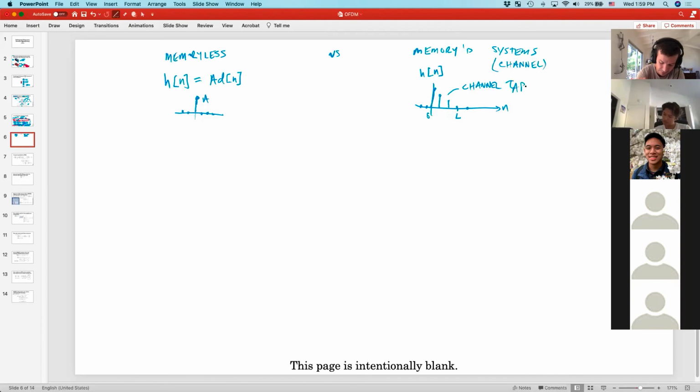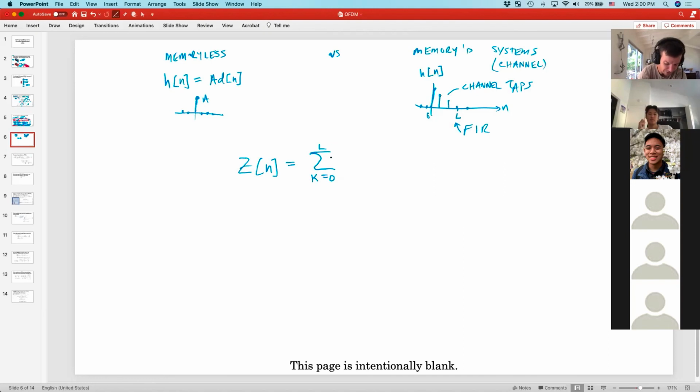Okay, so the longer your channel impulse response is, the more taps it is said to have. And what it also means is that in this convolution that I just wrote, we get to clip it now if your channel has what's called a finite impulse response.